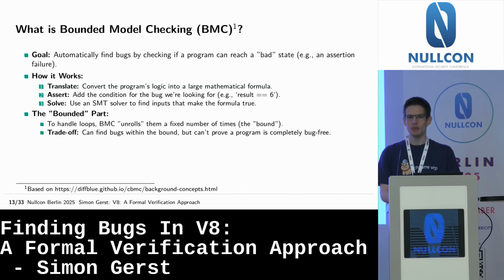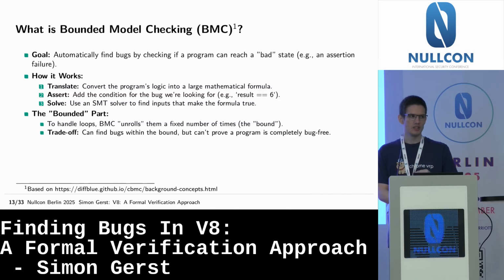And here comes the bounded part. Generally, you cannot translate loops into your formula, or I mean you can, but then your SMT solver cannot solve it. So you unroll your loops a certain number of times, which is called a bound. And this is a trade-off, because you can now only be certain that you have found all bugs within your loop unrolling bound.